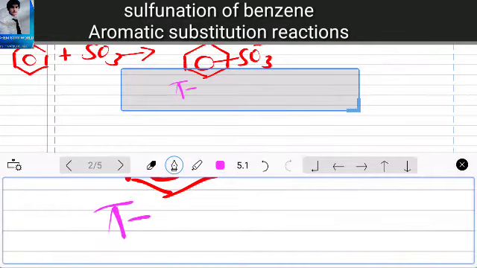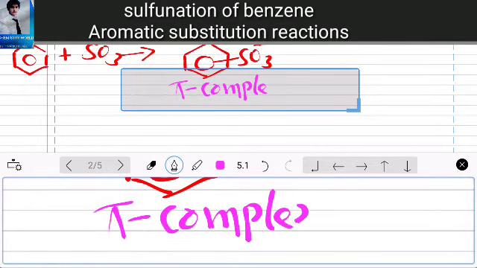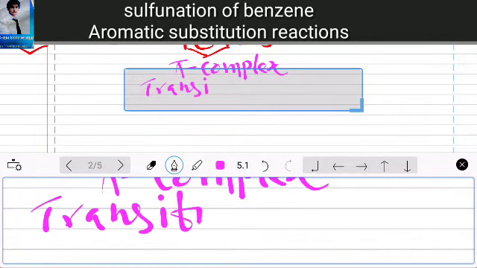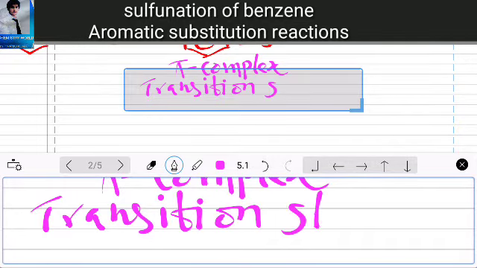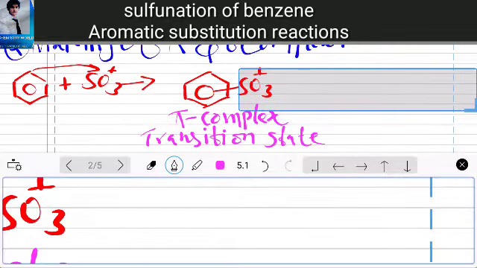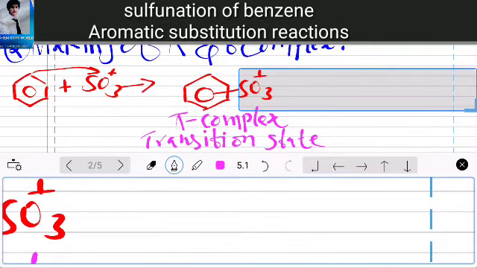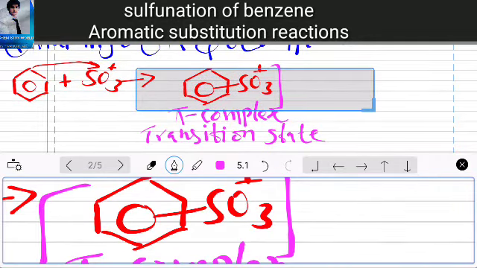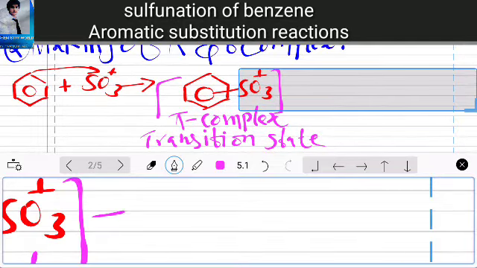It is a transition state, not present for a long time, and after a while it converts into sigma complex, which is an intermediate state.